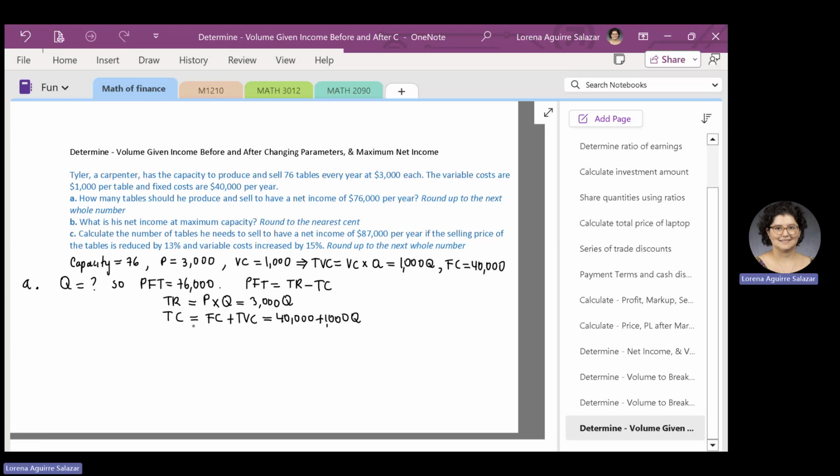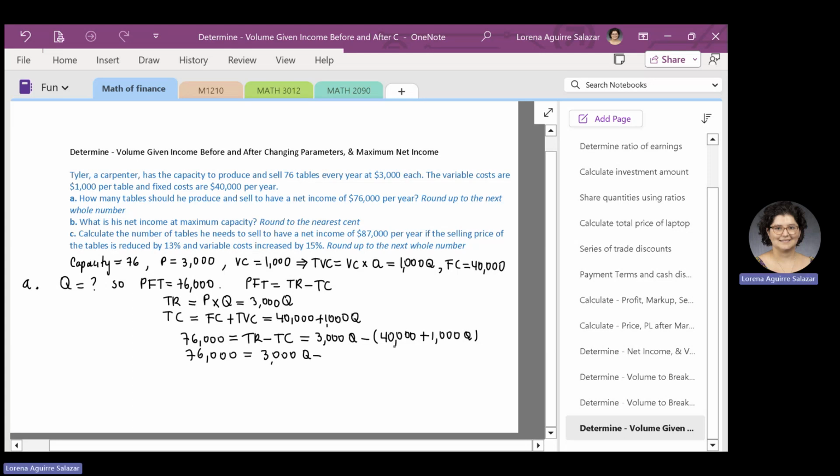So we're trying to find Q so that 76,000 equals 3,000 times Q minus 40,000 plus 1,000 times Q. In other words, we need 76,000 to be equal to 3,000 Q, and the minus affects everybody in this bracket. So we have minus 40,000 and then minus 1,000 Q.